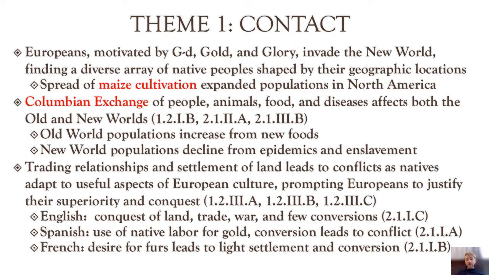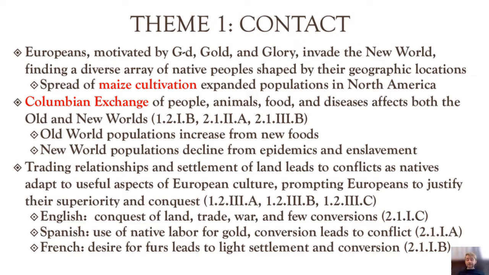And the English are relatively uninterested in converting native peoples. Yes, they do convert some, but the British, for the most part, the English, don't see intermingling with native peoples as a worthy goal of theirs. And so their conversions are half-hearted in many cases.